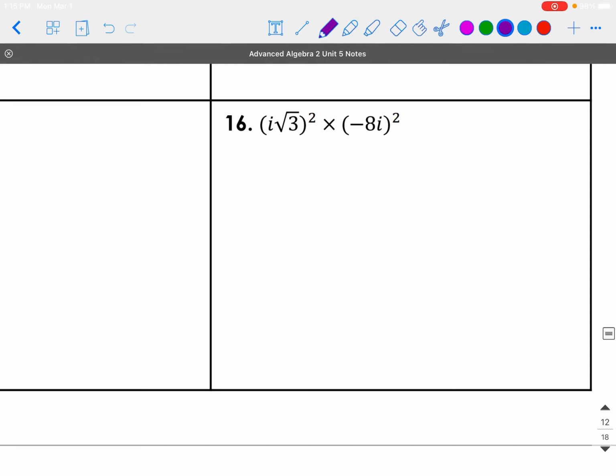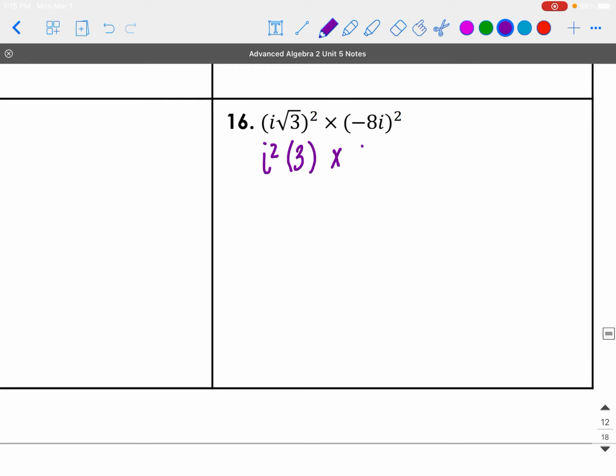Number 16, i radical 3 squared. Well, that's i squared. If I do square root of 3 times square root of 3, it's 3. Times -8 squared is 64.